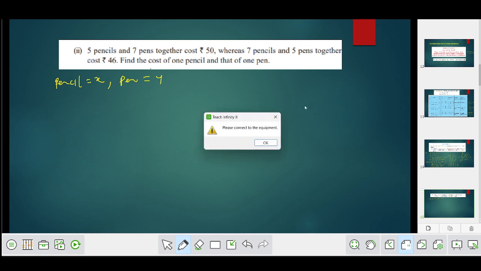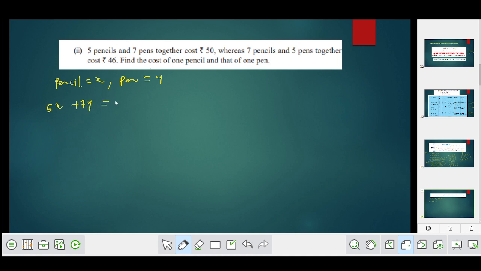Then we can extract the equations: 5 pencils 5x, 7 pens 7y equal to 50, and 7 pencils 5 pens, the cost is 46.